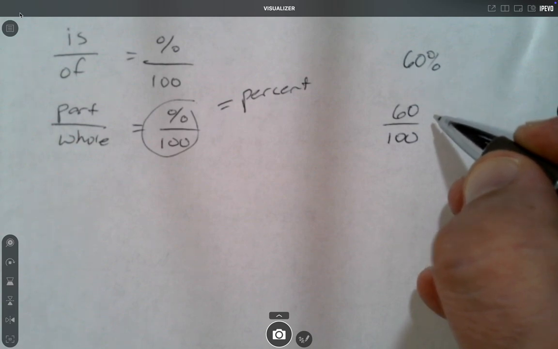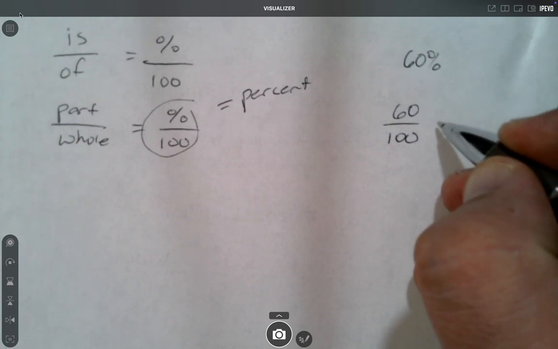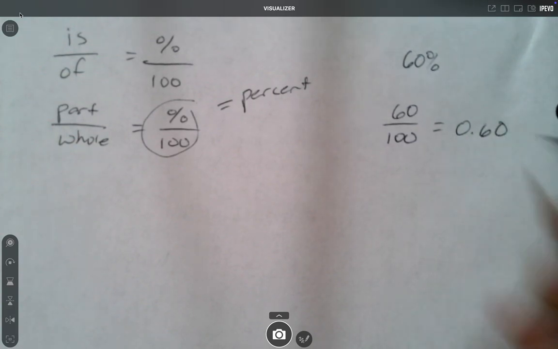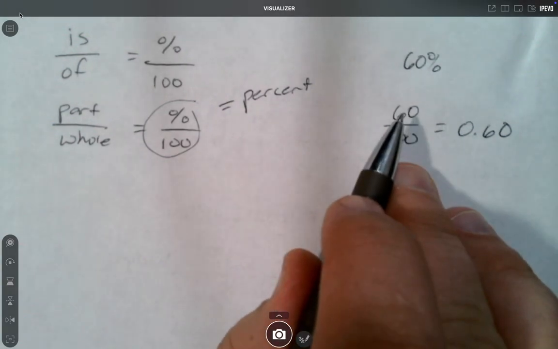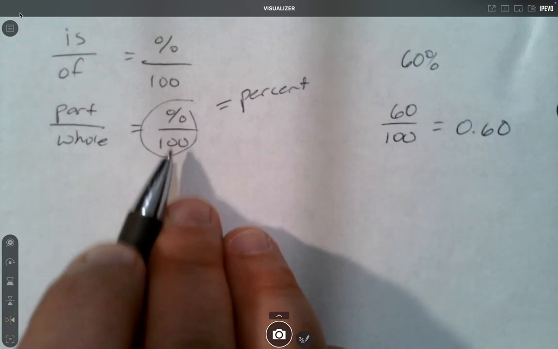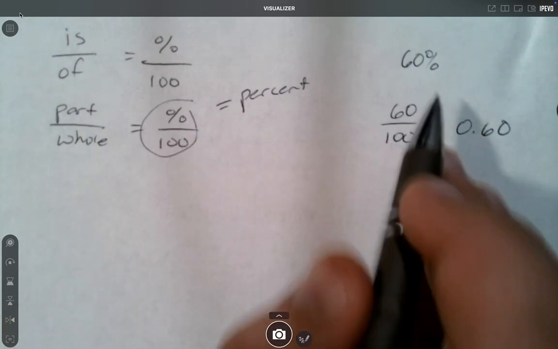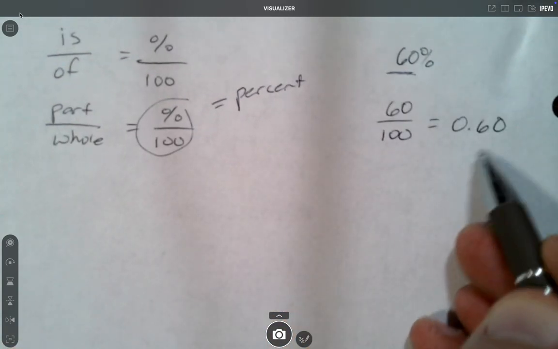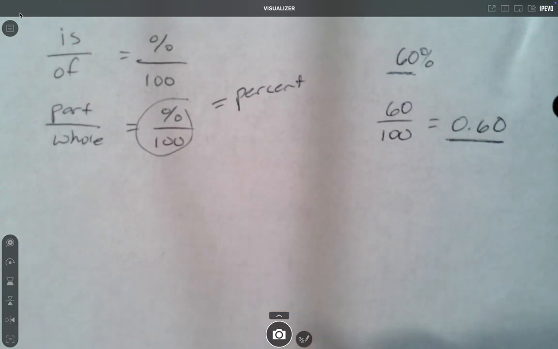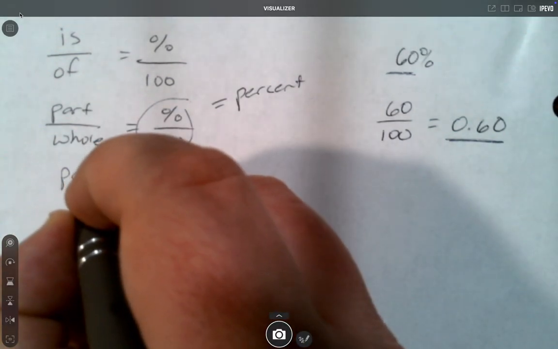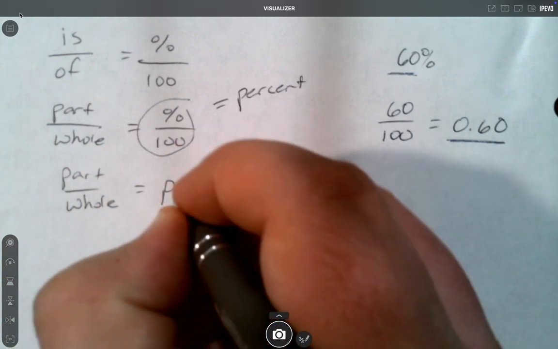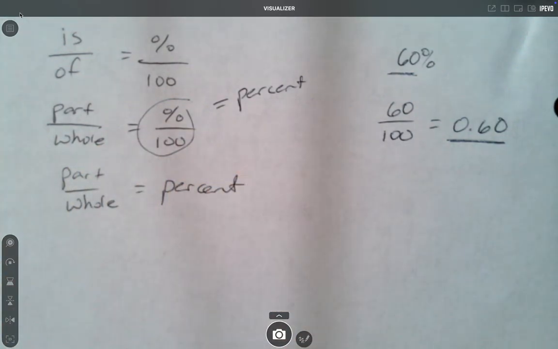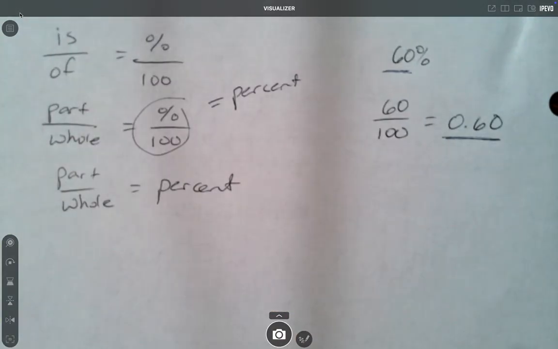Well, if you put in your calculator 60 divided by 100, it makes it 0.60, which is just the decimal form of the percent. So all this fraction is doing is converting it from the whole number percent to the decimal form of the percent, which is what we used on the front. So now we see that the parts we have in the front were actually here in the first place.